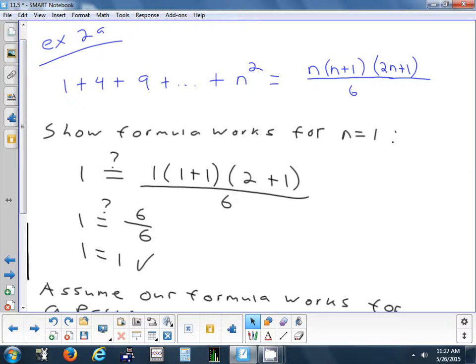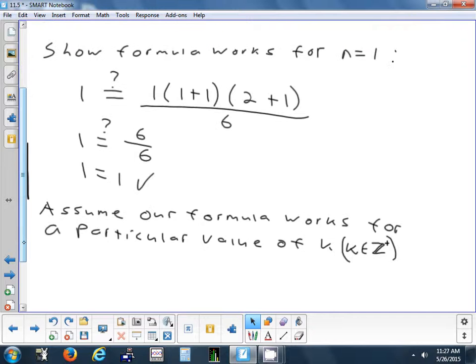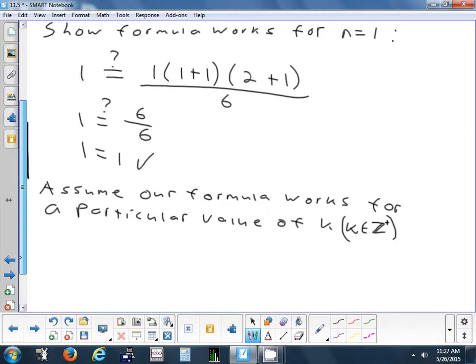We don't know that, because we only checked one base case. We could check 2, 3, 4 base cases if we want, but at least we know we have one that works. That's why we're allowed to do step 2. If you didn't have a base case, you can't assume anything. The only reason we can assume is because we know that it works at least up to when k is 1. At least we know it works that far. It's not very far, but it's a starting point.